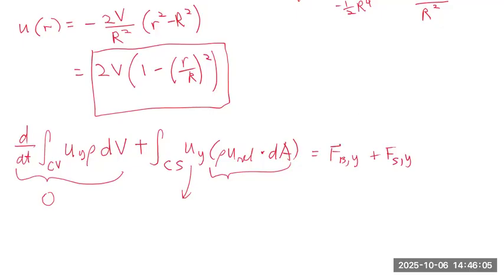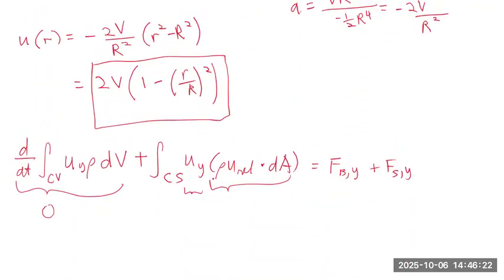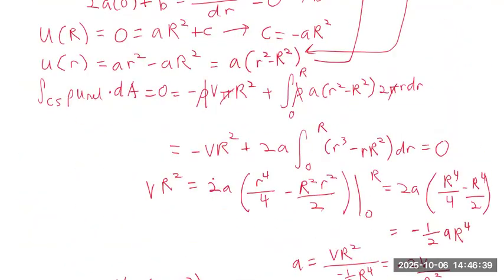I also have bad news. It's not constant. So we are going to have to integrate again. Basically this uy term is going to be the velocity at the exit, or at least it's not all going to be, because this control surface is split up into two parts.